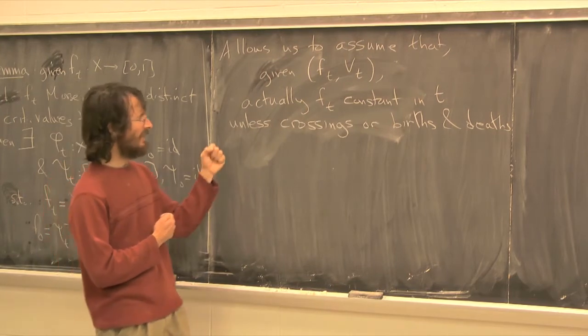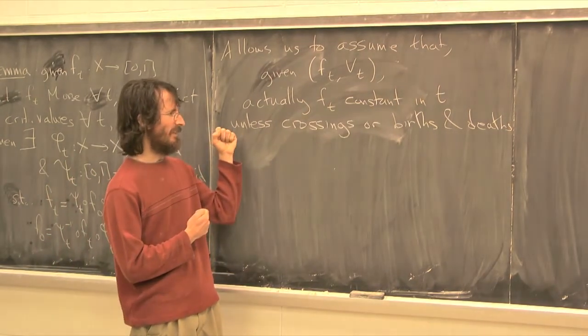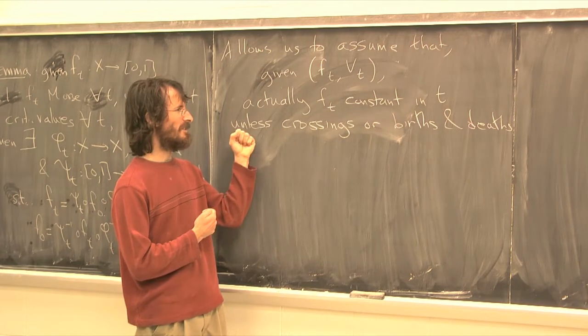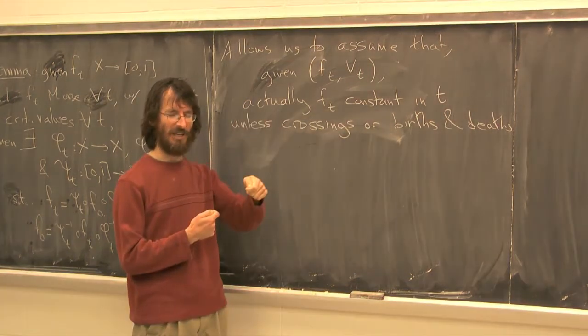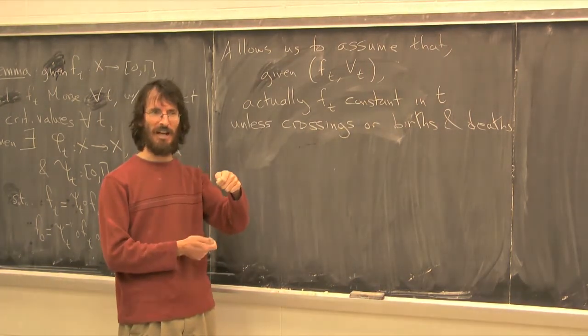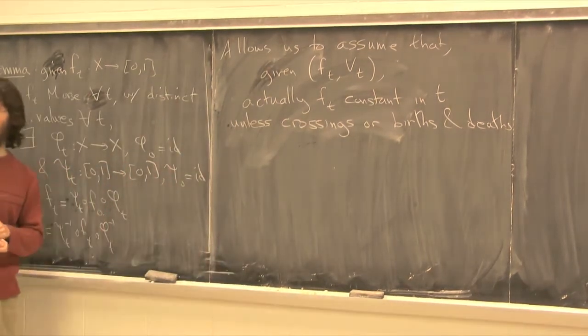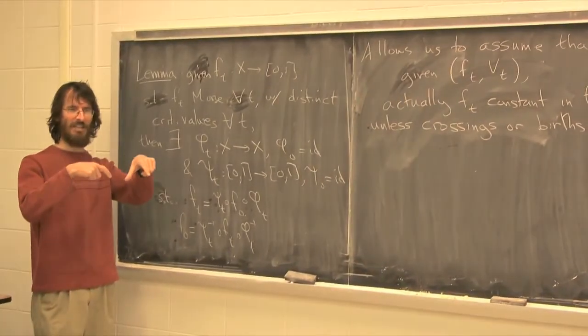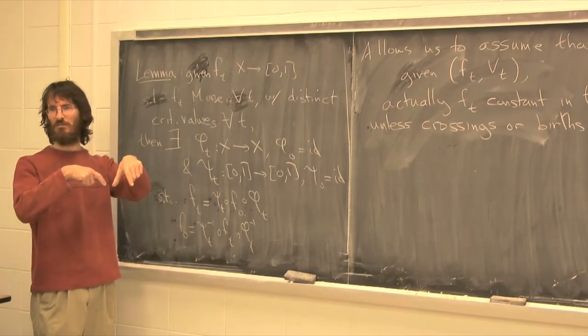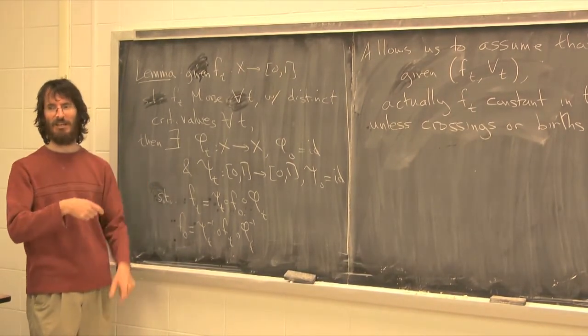And then what we want to say is that if there was a crossing where something went down, I could reparameterize things so that it actually was that standard model, and the vector field wasn't doing anything interesting. In particular, you don't have any new intersection points between ascending and descending manifolds.